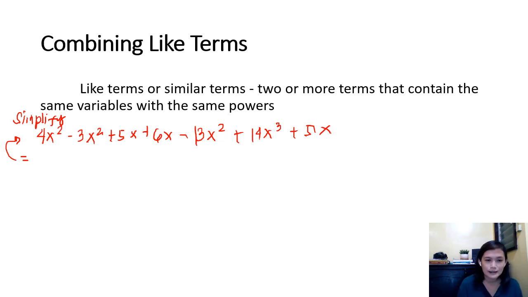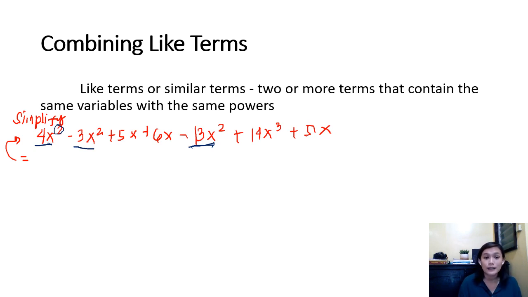4x squared. This, we can combine, because you have the same letter with the same power, which is power of 2, or same exponent. What else can we combine here? Also this one, negative 13x squared, because it is also x squared. So with that, we will have 4x squared minus 3x squared, that is equal to x squared.